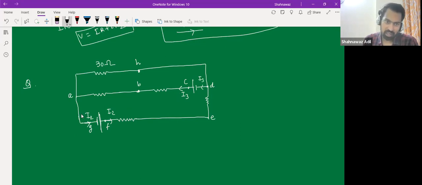And so in here you have I2, and in here you have I3, and in here you have, let's say, I4. Okay, so this is I1. And what are the resistances? So this is 40 ohm, and this is 1 ohm, and this is 45 volt, and this is 80 volt, and 1 ohm.